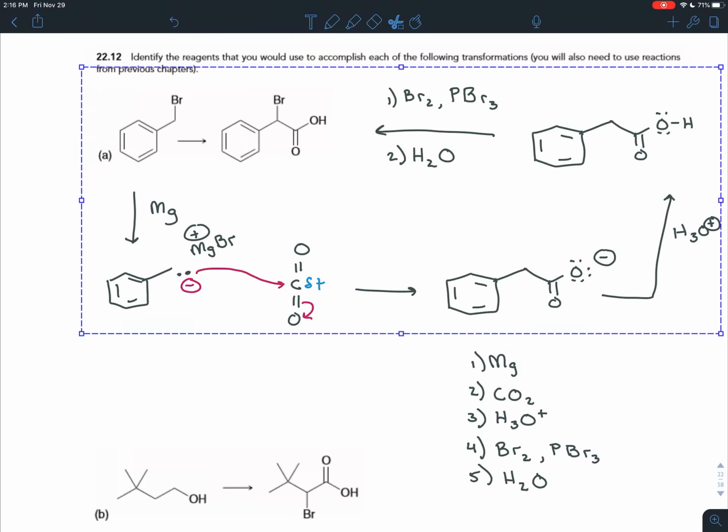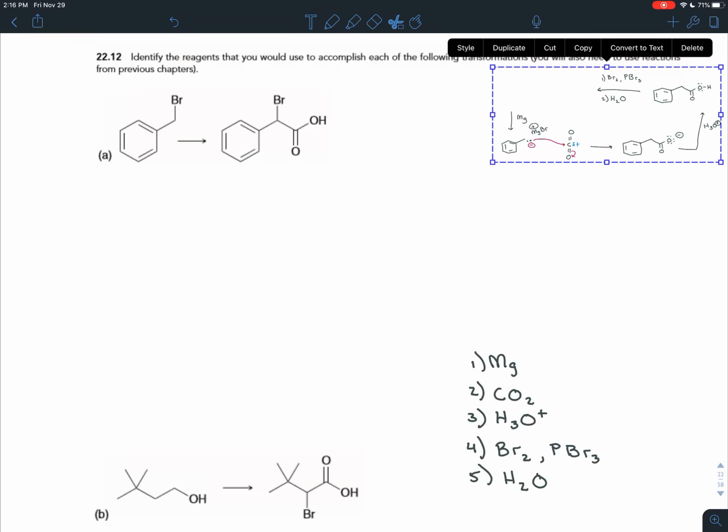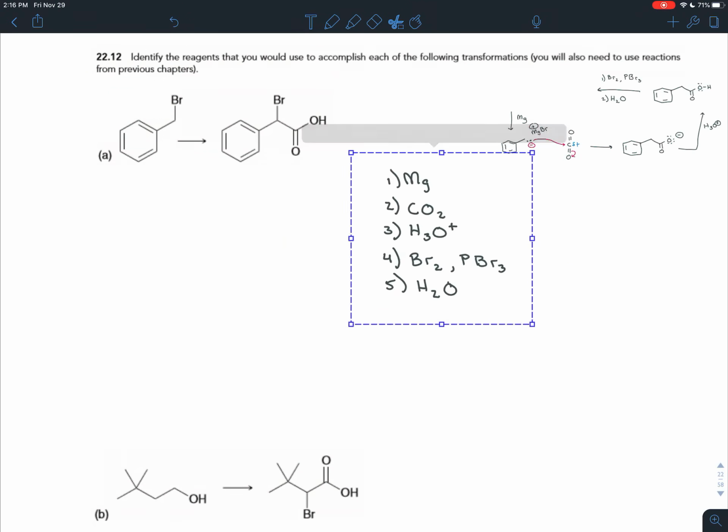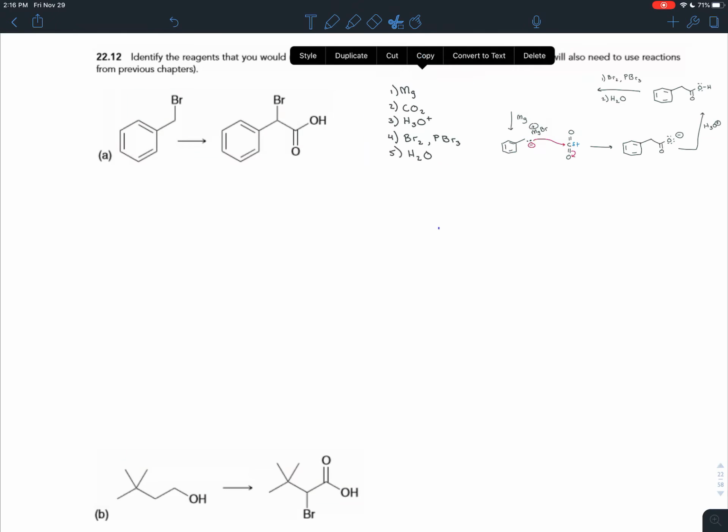But these synthesis problems are so fun because they almost always have more than one way that they can get done. So another way that you could look at this and think through it is, bromine, instead of a part of a Grignard reagent, I could use that bromine as a leaving group.